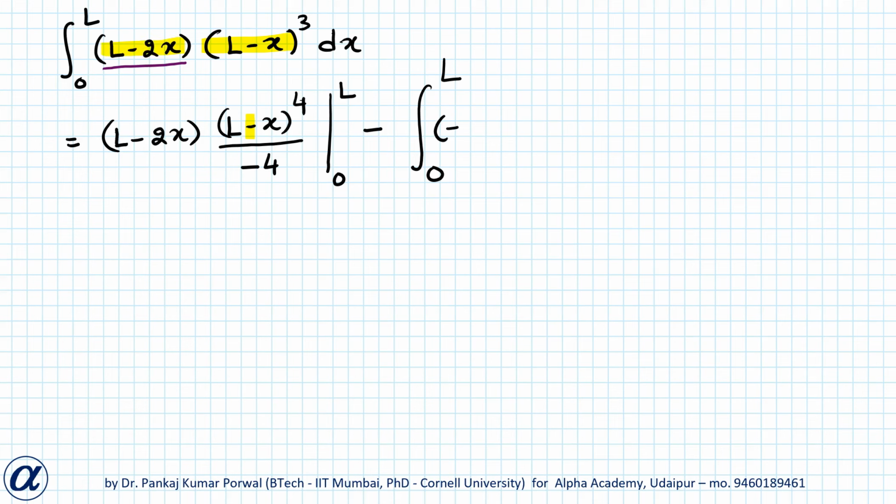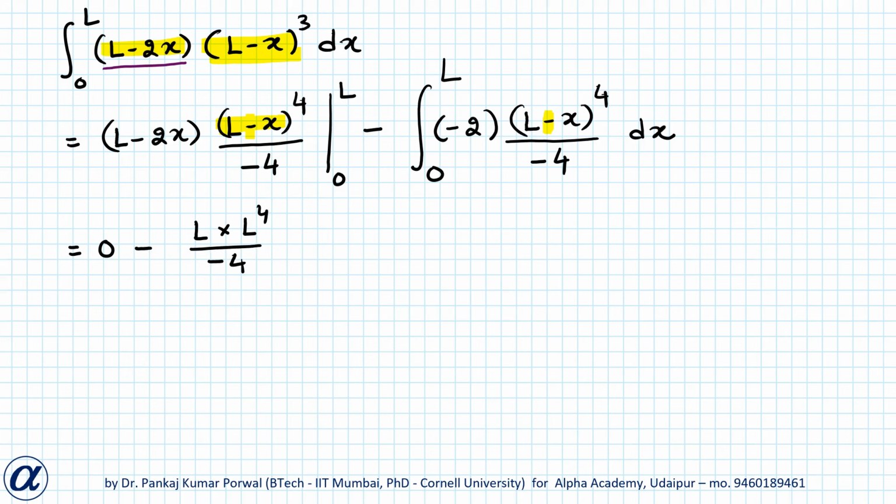So that gives me minus 2 times the integral of the second function, L minus x to the power 4 divided by 4 and a minus sign, dx. Here when I put limits, at x equals L this expression becomes 0. So I get 0 minus, when x equals 0, L into L to the power 4 divided by minus 4, minus, and here this minus becomes plus, and also this 2 cancels with this 4 by 2.